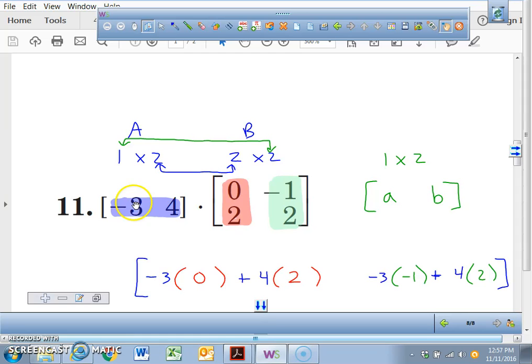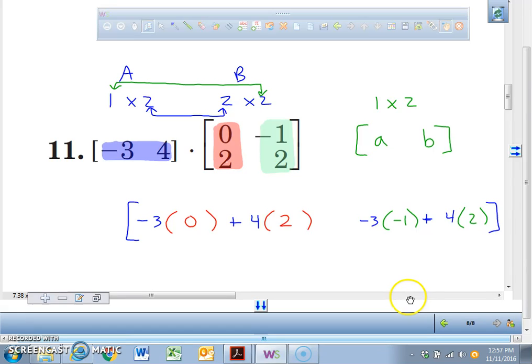We took the negative 3, we multiplied it to the negative 1 right here. And then we took the 4, multiplied it to the 2, put it right there. By the way, what do you see is the same all the way across the board this time? The negative 3 and the 4. The negative 3 and the 4. What numbers have changed? The numbers that are in the columns have changed.